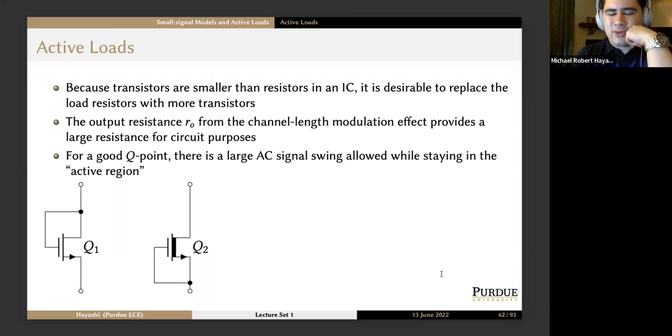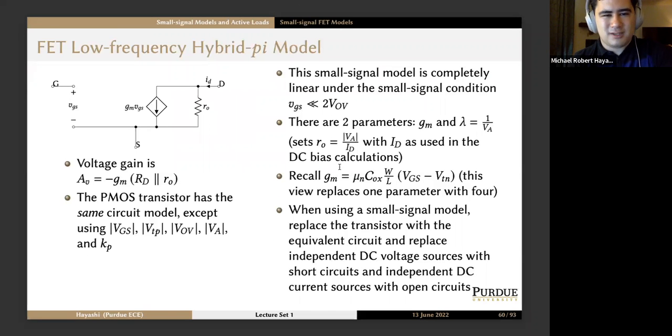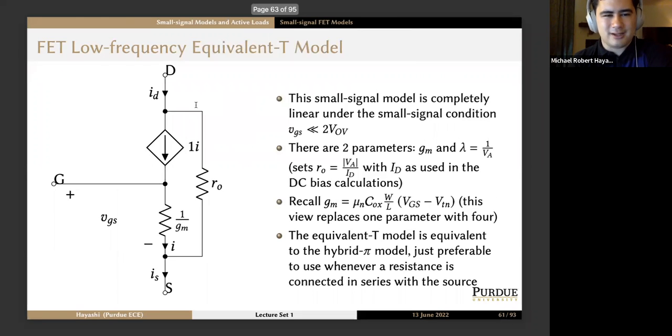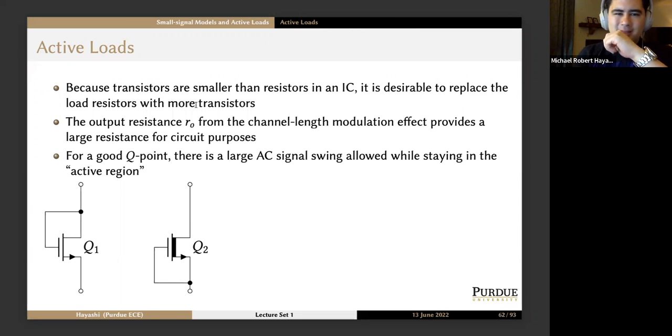Here we used a load resistance RD in order to convert from a transconductance amplifier to a voltage amplifier. What if we could use another transistor instead? The key point is that our low frequency models have this resistance RO between drain and source, the output resistance from the channel length modulation effects, and it provides a very large resistance for circuit purposes.